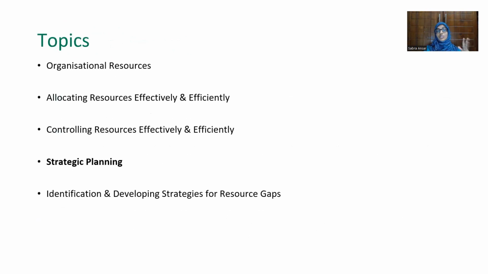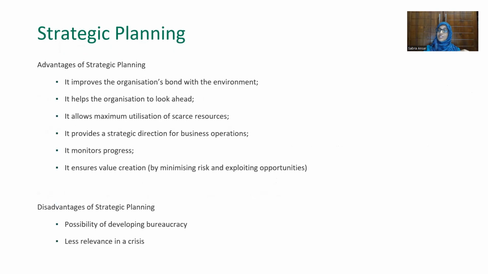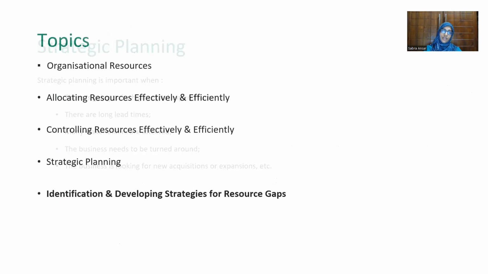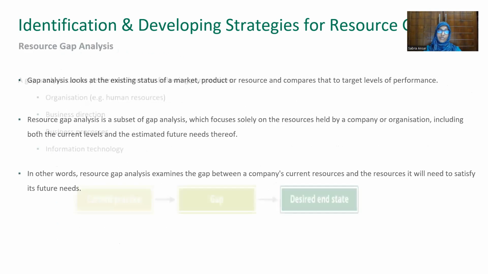And then we moved on to strategic planning. We spoke about what strategies are and their characteristics, then the advantages and disadvantages, and why strategic planning is very important to any organization. Thereafter, we tried to identify and develop strategies for resource gaps. So before talking about resource gaps, we spoke about gap analysis, then resource gaps.